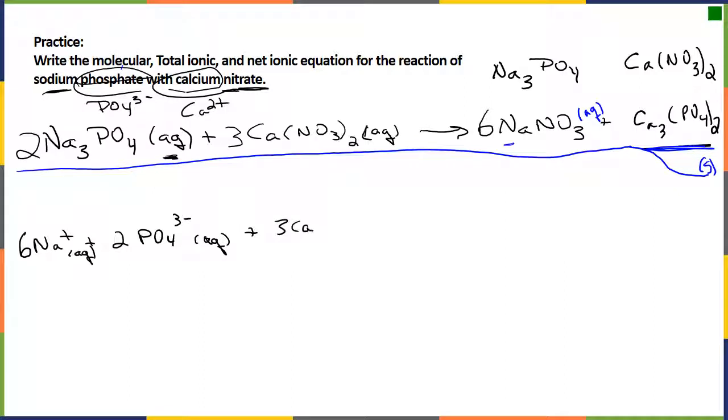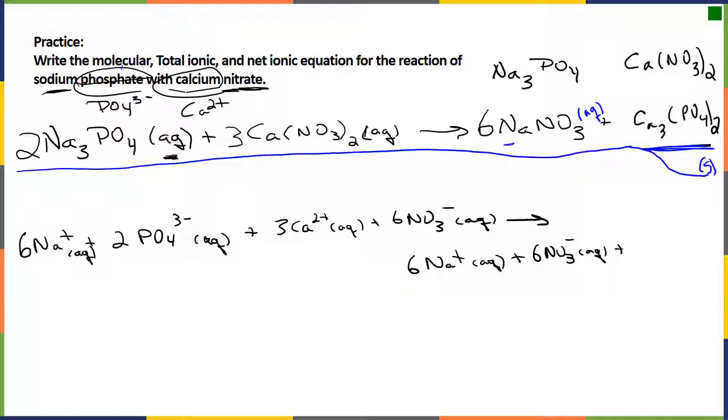Reacting with 3 calciums and 6 nitrates. That is going to break into 6 sodiums plus 6 nitrates and the calcium phosphate as a solid.